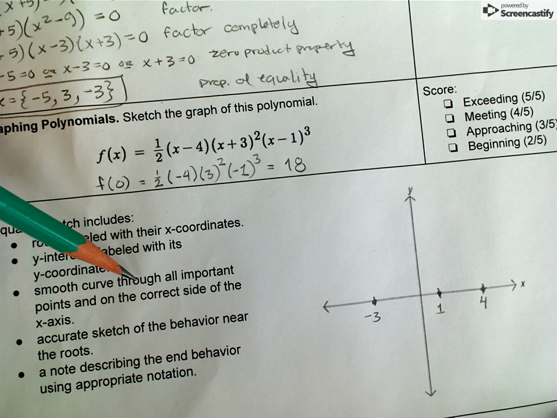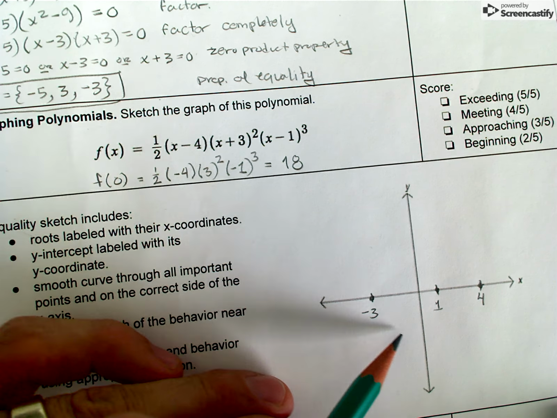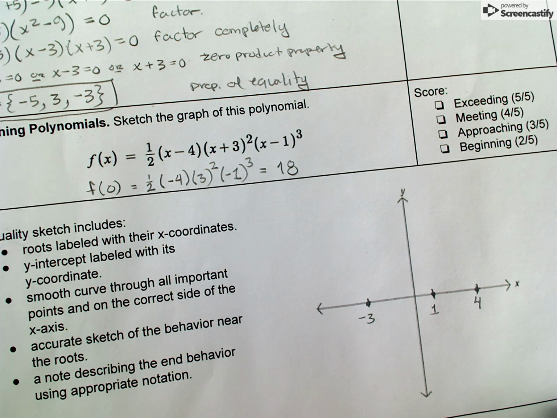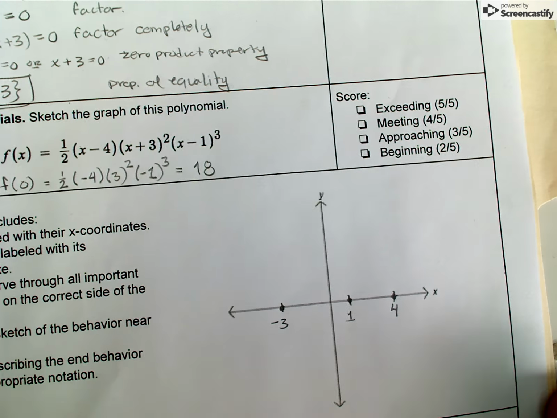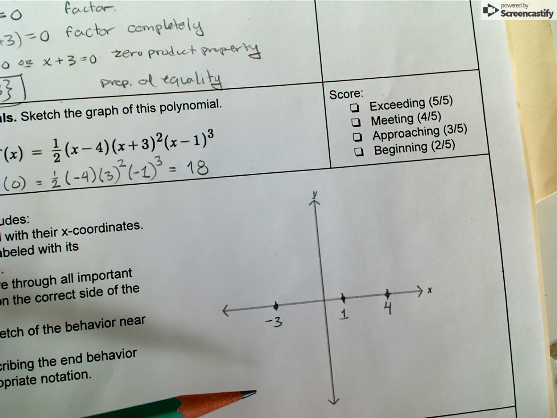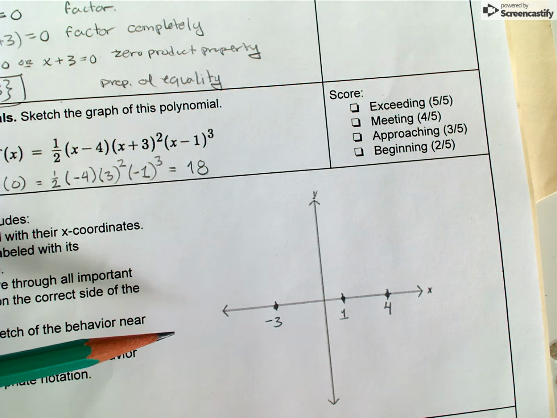It says, draw a smooth curve through all important points and on the correct side of the x-axis. There are a lot of ways to draw a nice smooth curve through these 3 roots. But I need to make sure that I'm on either the positive or the negative side of that x-axis along the appropriate intervals.